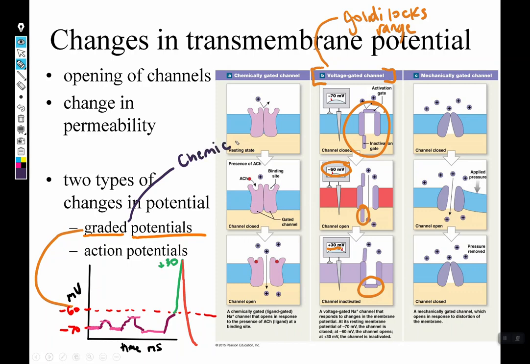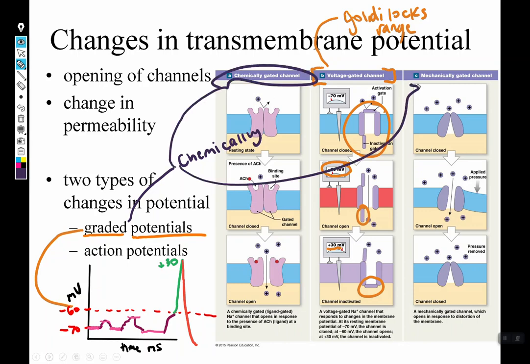So graded potentials, again, are the domain of chemically gated ion channels, or in some cases mechanically gated, but usually chemically is the main deal. And then -60, what you might have noticed, is the threshold voltage. So this green part of the curve is when the voltage gated channel snaps open, and then +30 is when it snaps shut, but another voltage gated channel snaps open, which causes the membrane to go back down.